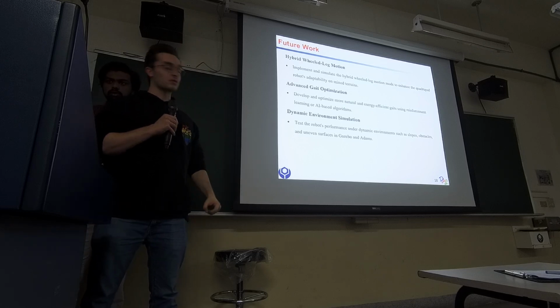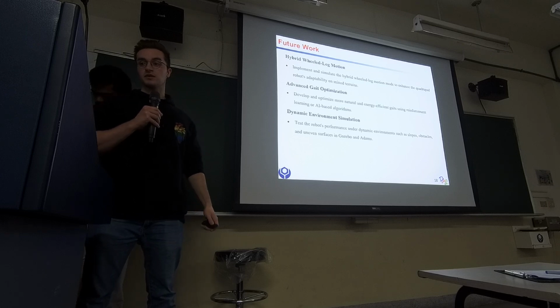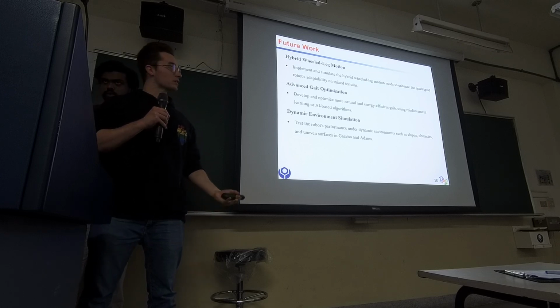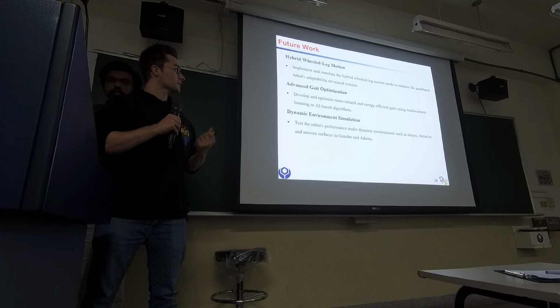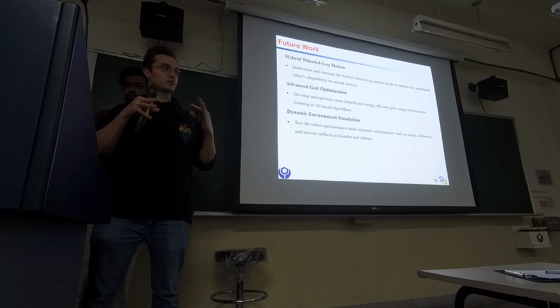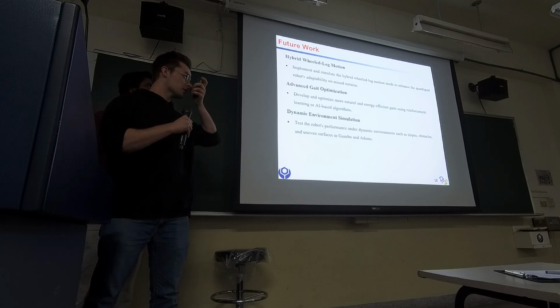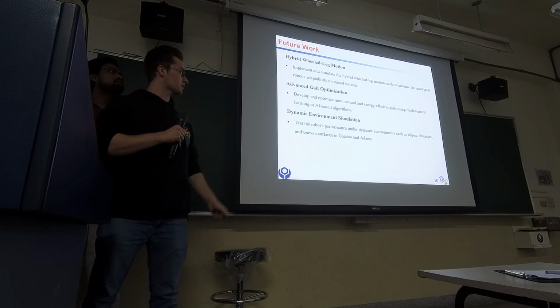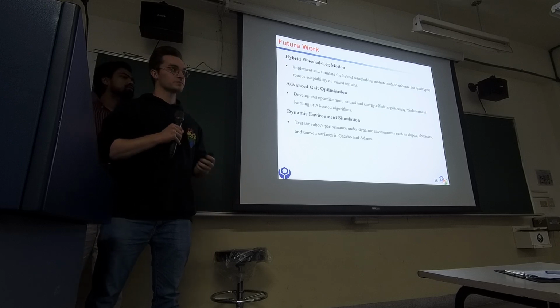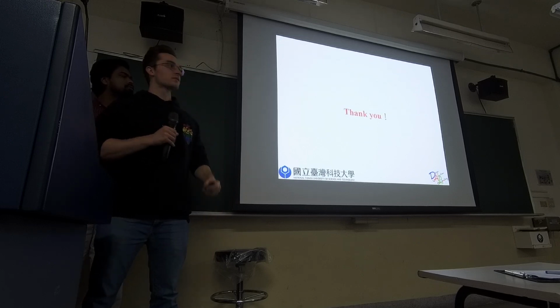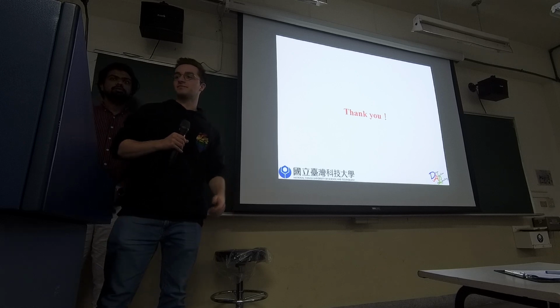And for our robot, we want to test performance under dynamic environments, as you have seen in the model. We want to do slopes, objects, and maybe even see how it performs on uneven surfaces. Thank you for your attention.